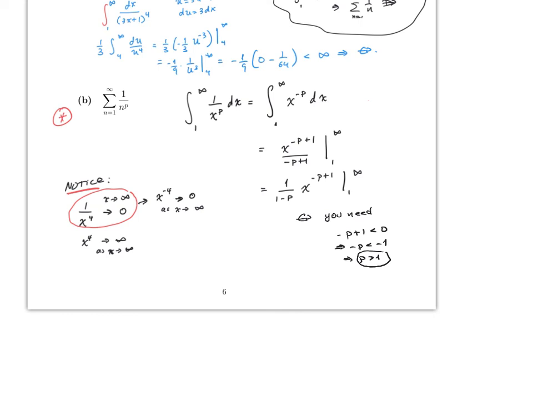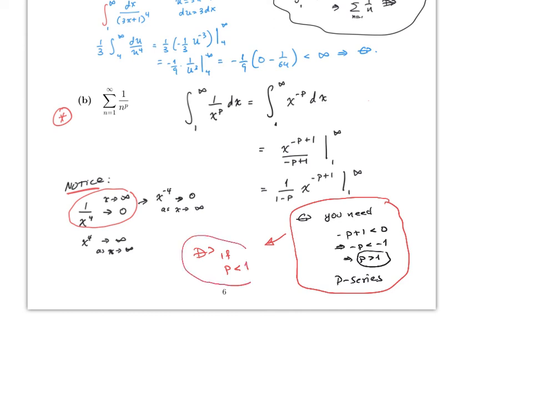And this is what is called a p series. So this will be convergent if p is more than 1, and therefore this will be divergent if p is less than 1. Okay, actually less than or equal to 1.